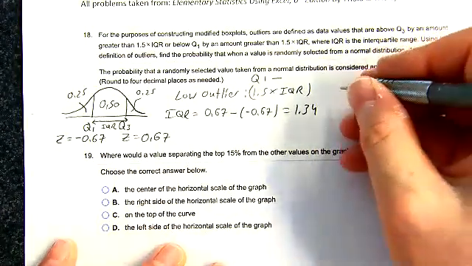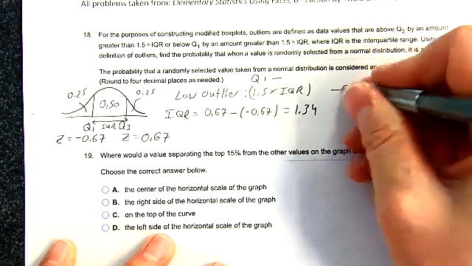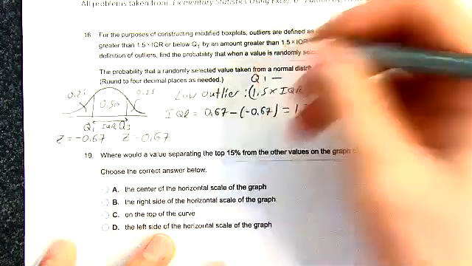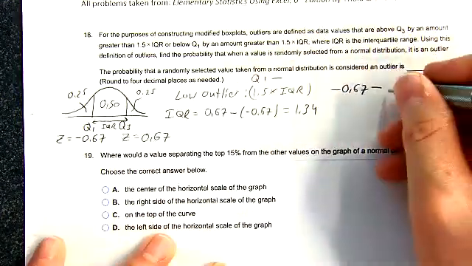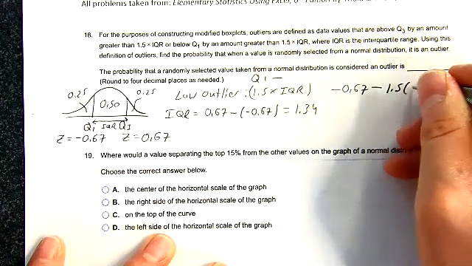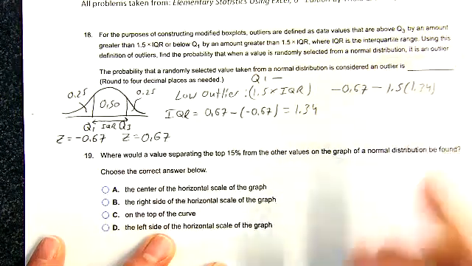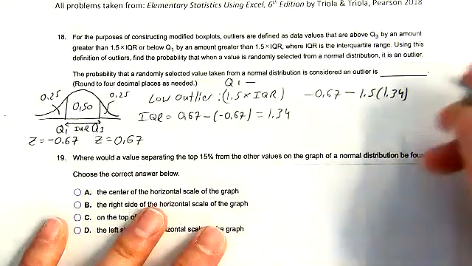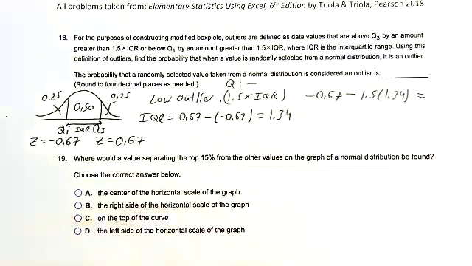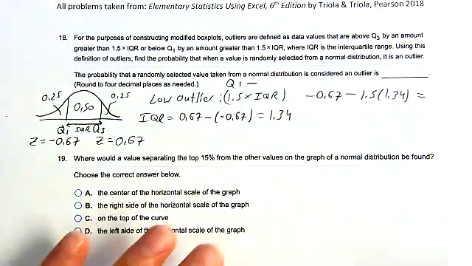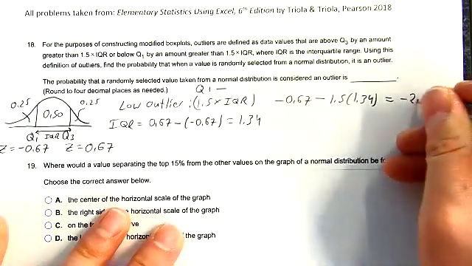So a low outlier would have a z-score of minus 0.67, which is Q1, minus 1.5 times 1.34. It would have a z-score of negative 2.68.